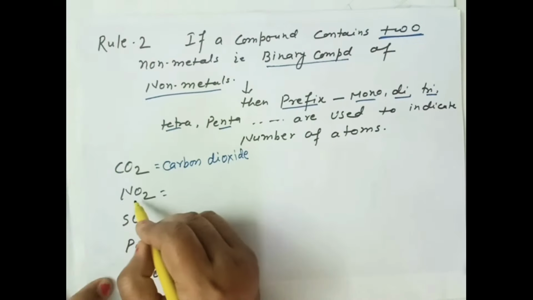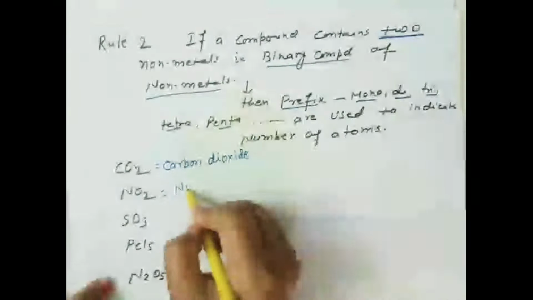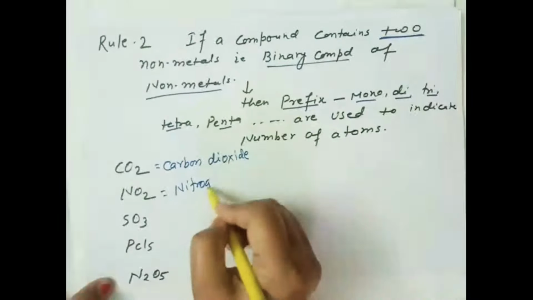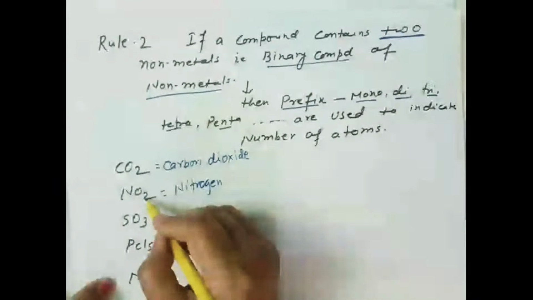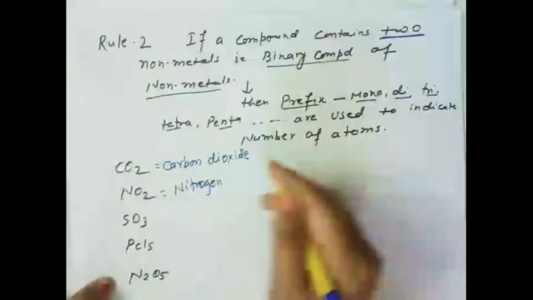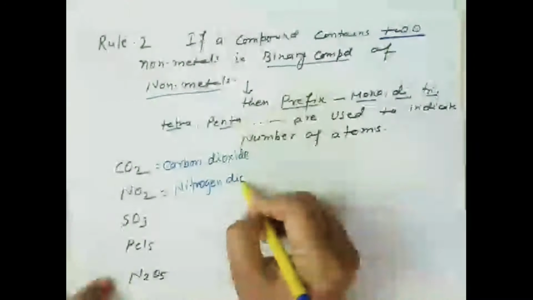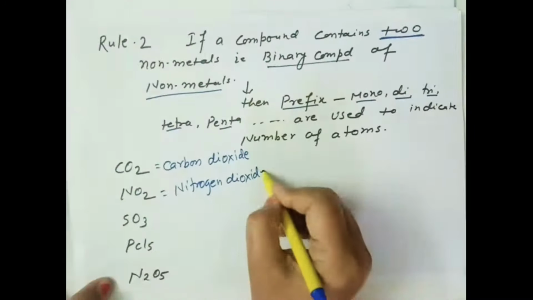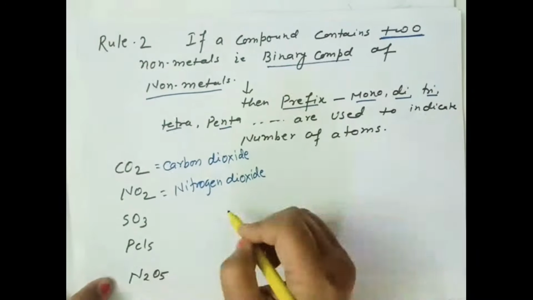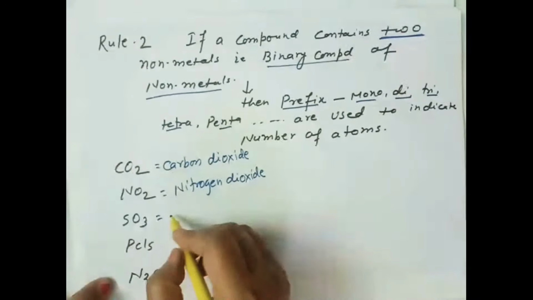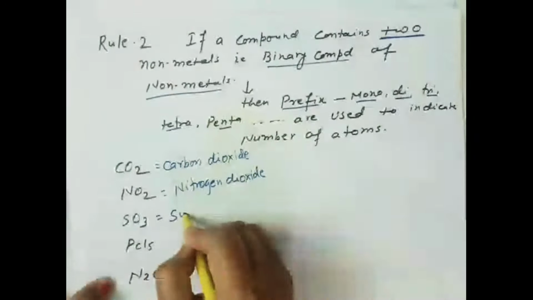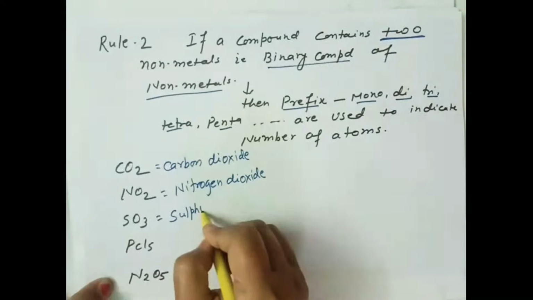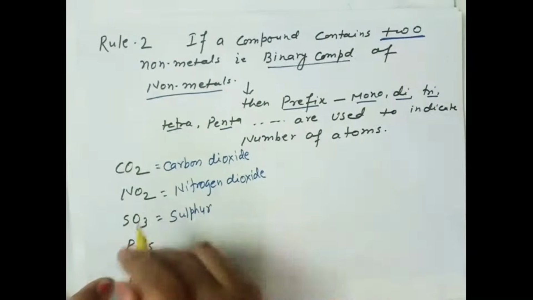In the same way, it is nitrogen. So we will write here nitrogen. And oxygen is 2. For 2 we will use di. And oxygen के लिए IDE लगाना है तो dioxide. In the same way, this is sulfur. So we will write here sulfur and 3 oxygen are here.